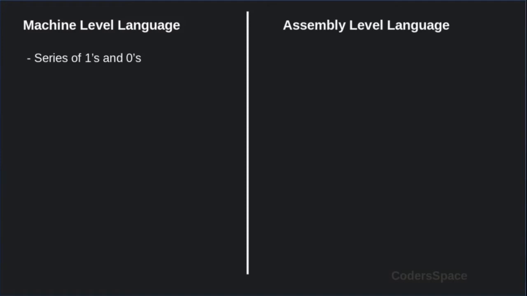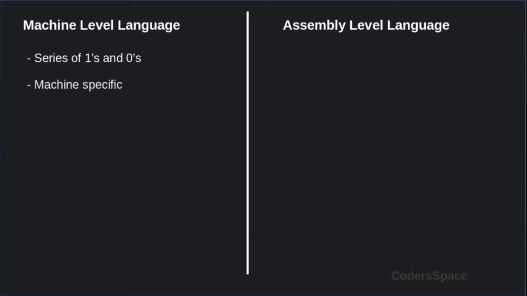We know that hardware, that is our computers and desktops, understands everything in the form of zeros and ones. Whenever we want to get any task performed on a computer, the instruction should be given in the form of a series of ones and zeros. So machine level language involves such series.